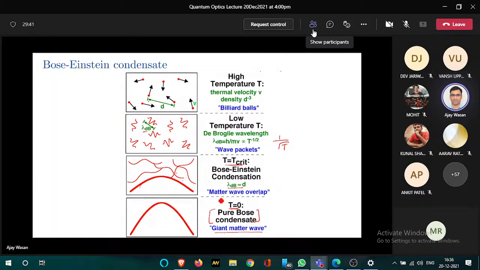Obviously T equal to 0 is an ideal condition that we will never reach. People reach nanokelvin, they reach picokelvin. But T equal to 0 is an ideal condition. I think all of you will agree, because T equal to 0 is not so easy, because there is always noise in nature.